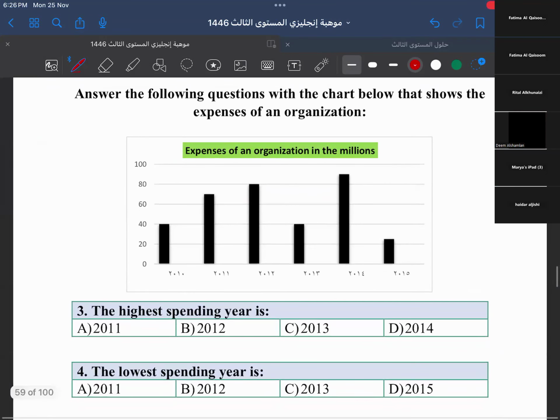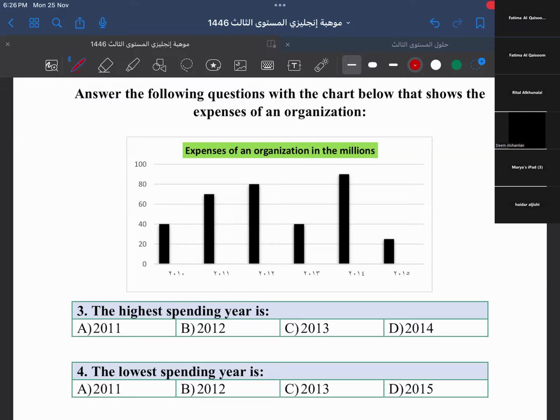Now we're looking here at a chart. Okay? So there are some questions that are going to include charts or graphs that you need to take information from. So basically you have to know how to read a graph or a chart.